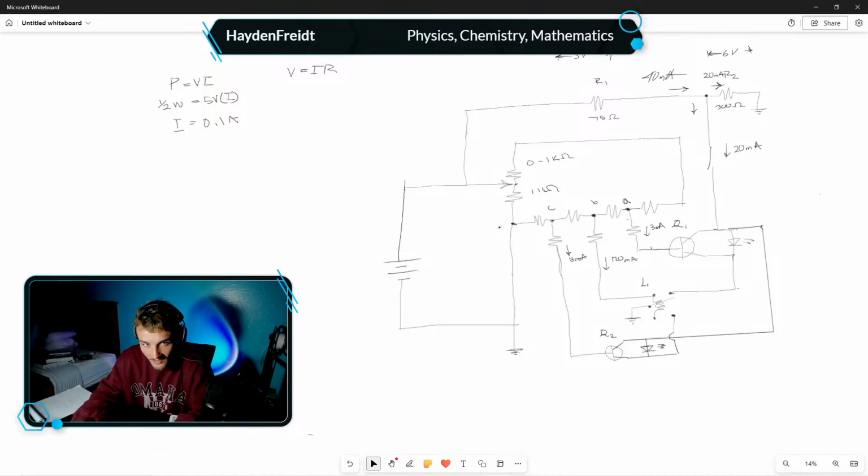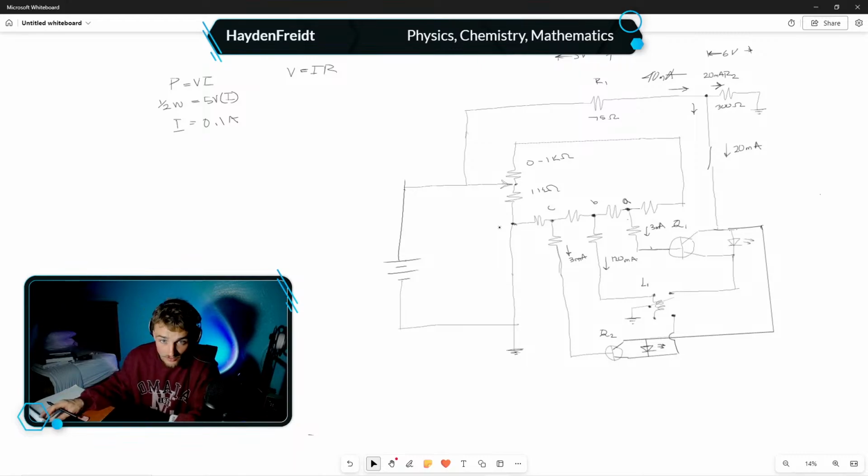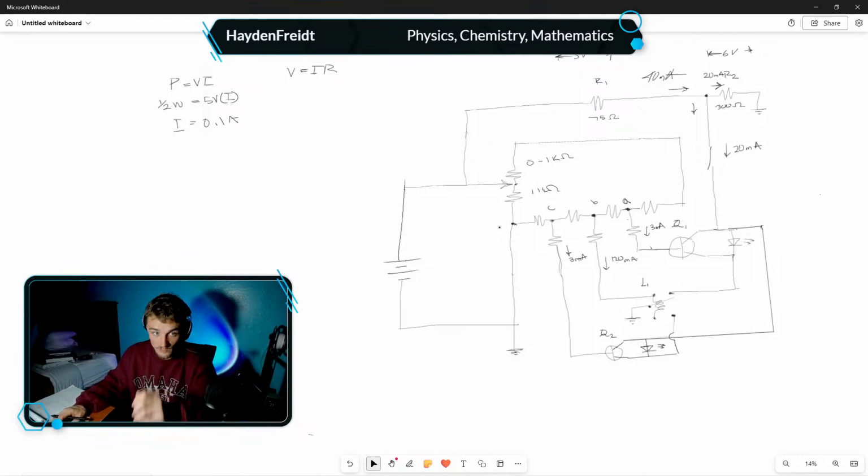I need to make sure that I have a small enough resistance to get a current that's greater than 126 milliamps at least.